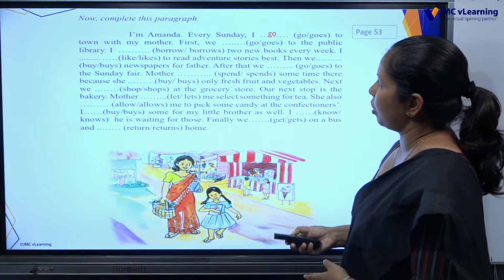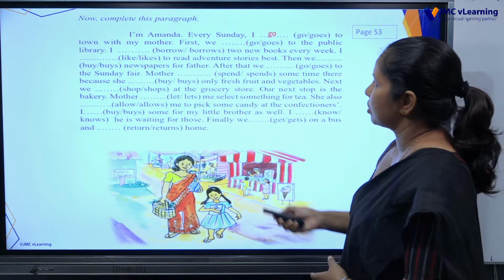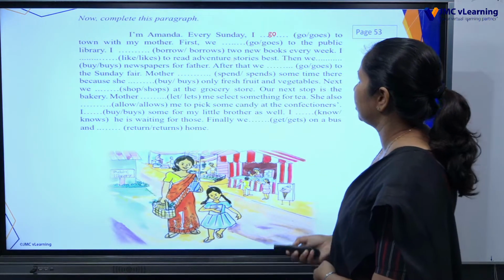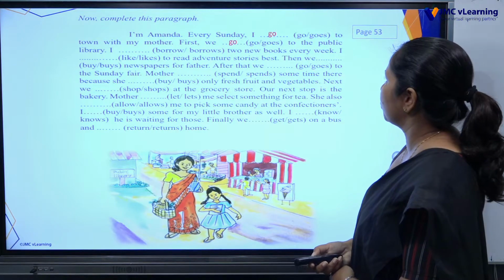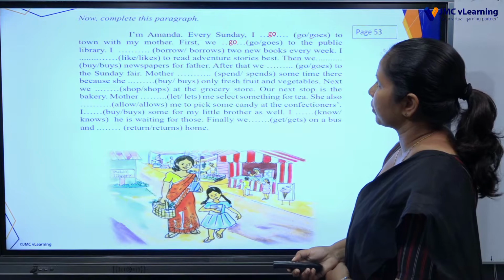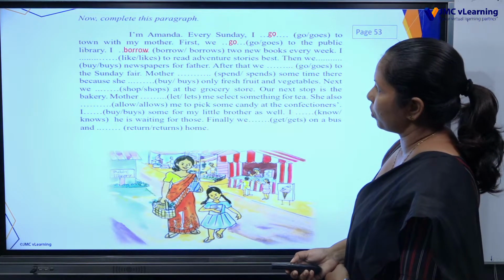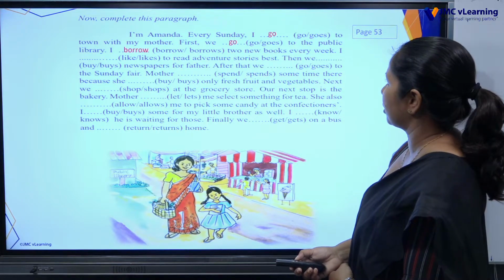go to town with my mother. First we, so we is plural, go to school. First we go to the public library. I borrow 2 new books every week.